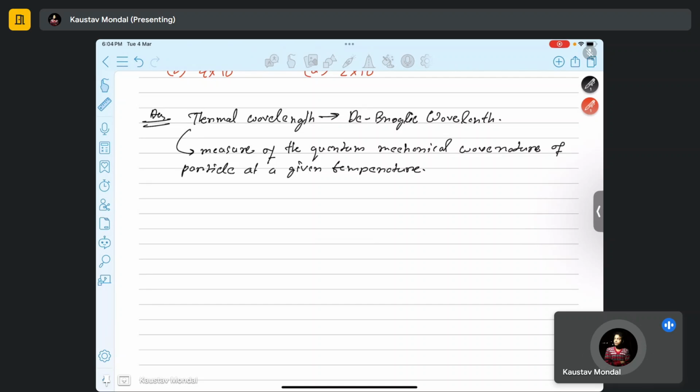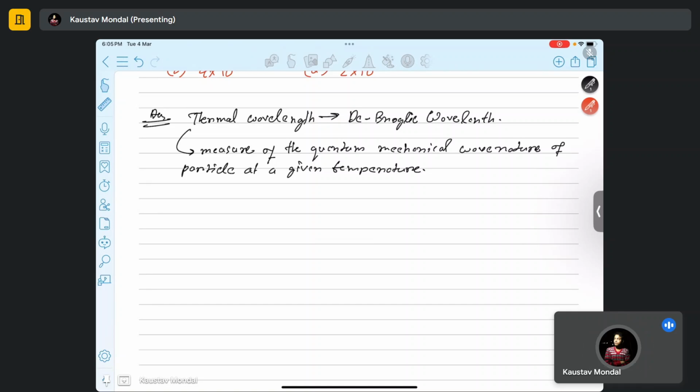So at a temperature, the de Broglie wavelength gives you the quantum mechanical wave nature. Every particle has a quantum mechanical wave nature, right? By calculating this de Broglie wavelength, you get the quantum mechanical wave behavior of that particle at a certain temperature.